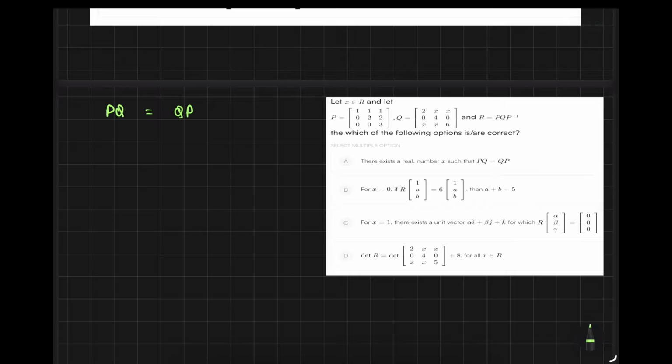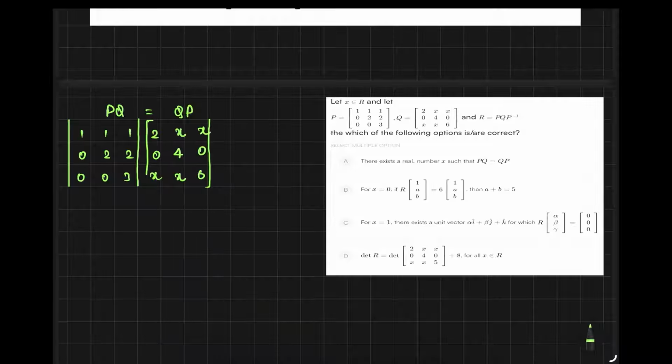I will go with the multiplication. So it is 1 0 0, 1 2 0, 1 2 3 times Q, which is 2 0 x, x 4 x, x 0 6.